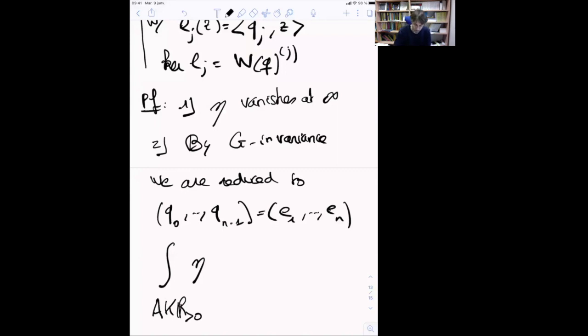So where A are the diagonal matrices T1 to Tn, where the Tj are positive, and the product is 1.